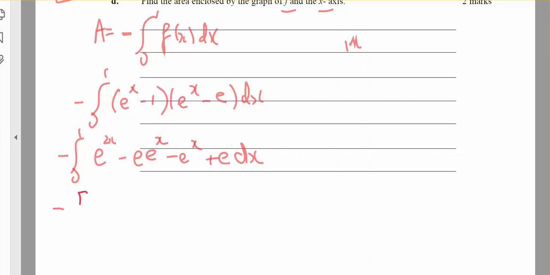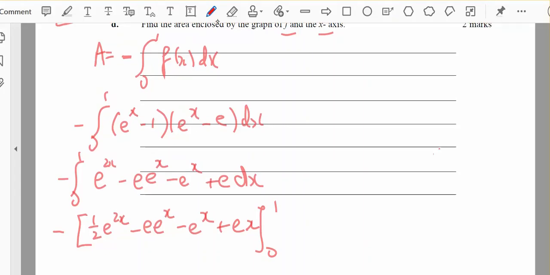So it's negative, because there's a 2 there, a is 2, it's a half e^(2x), minus the same thing, e^x, because the antiderivative of e^x is e^x. I don't care about the e because it's just a number, minus e^x plus ex from 0 to 1 with the negative at the front.